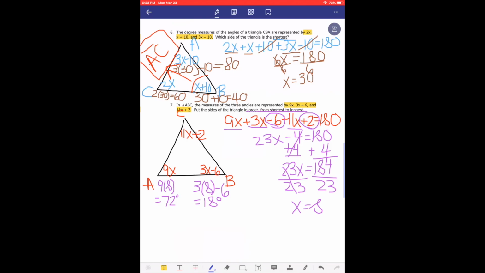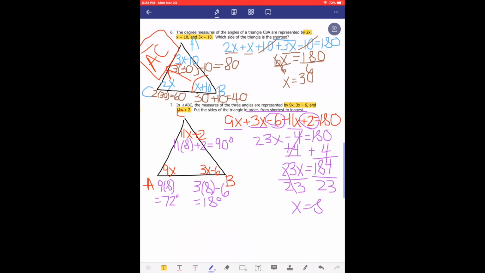And then for angle C, 11 parentheses 8 plus 2. 11 times 8 is 88, plus 2 would be 90 degrees.